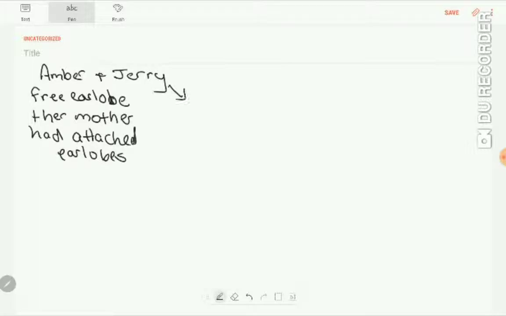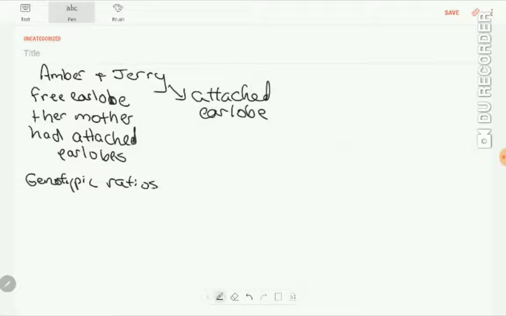Jerry, on the other hand, has attached earlobes. And we want to find the genotypic ratios and the phenotypic ratios for their potential children.